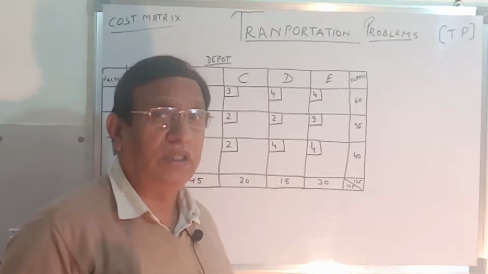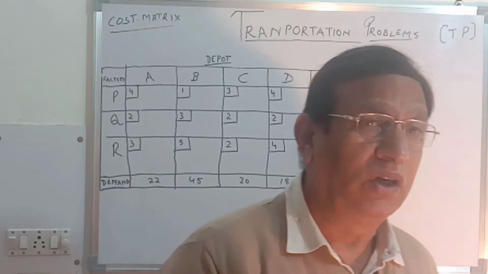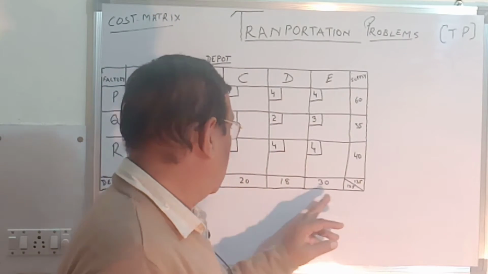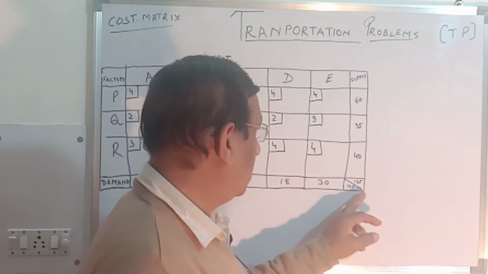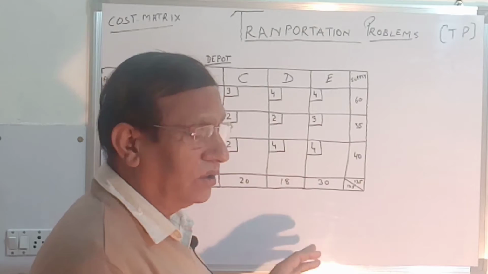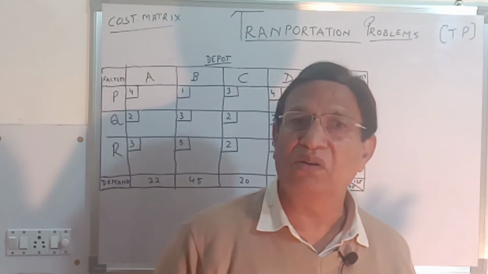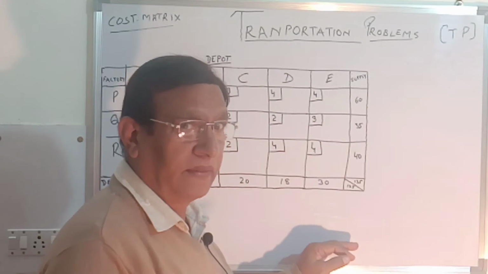In order to see whether the transportation problem is a balanced one or not, you have to see this: total demand 135 is equal to total supply 135. So there is no question of rows and columns being equal. It's a question of demand and supply.